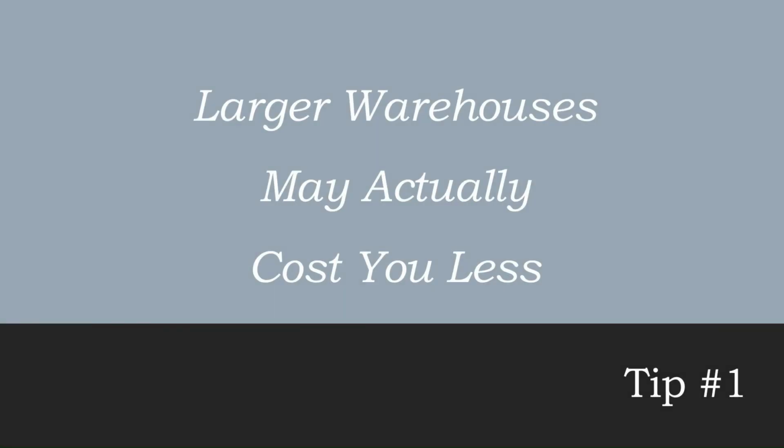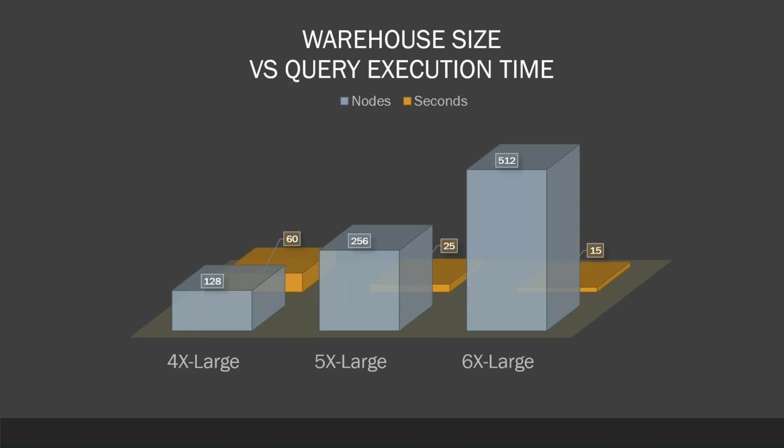So here we go with the first tip, and that's a very important one. It's not so obvious that larger warehouses may actually cost you less. How can this happen? If you go to a larger warehouse, this means that you consume more resources. Let's say if you go from a 4x large to a 5x large to a 6x large, definitely you consume double each time.